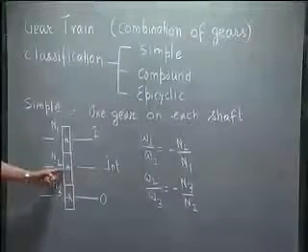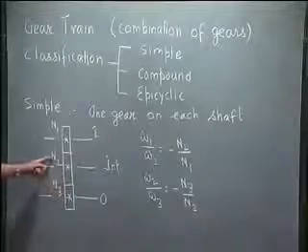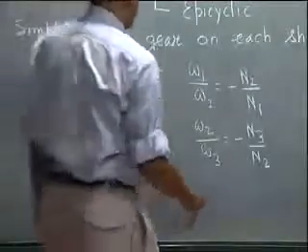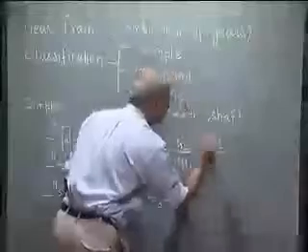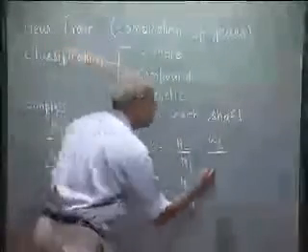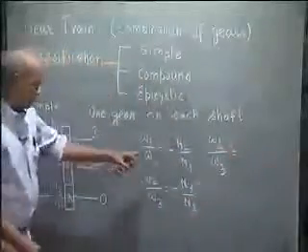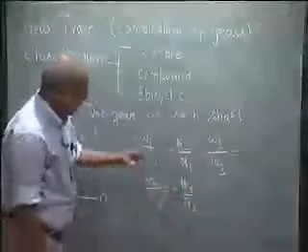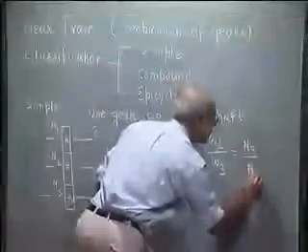From here to there, again is an external gearing, so the direction of rotation changes, and in the inverse ratio of the number of teeth. If I multiply these two, we get the input speed, which is omega 1, divided by omega 3, which is the output speed. If I multiply these two, omega 2 cancels, and here N2 cancels, and minus into minus gives me plus, so it is N3 by N1.